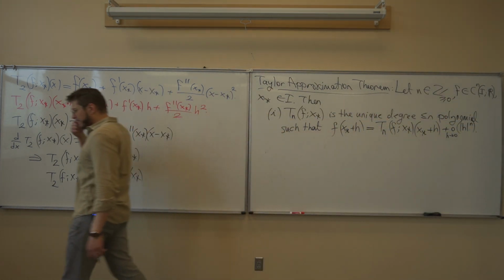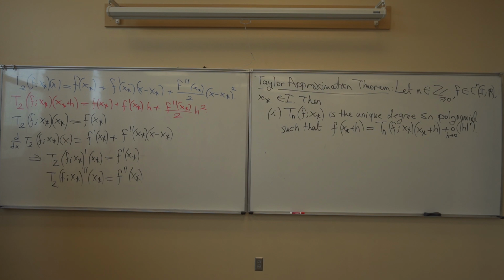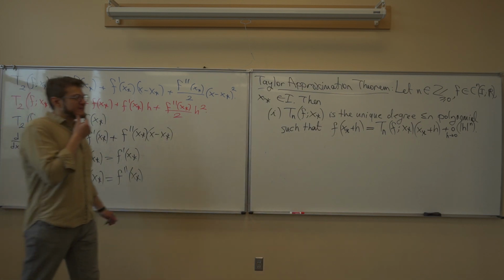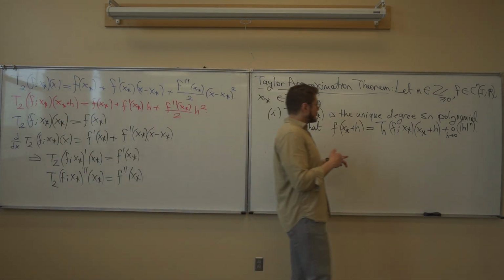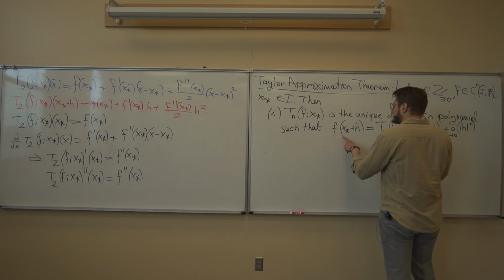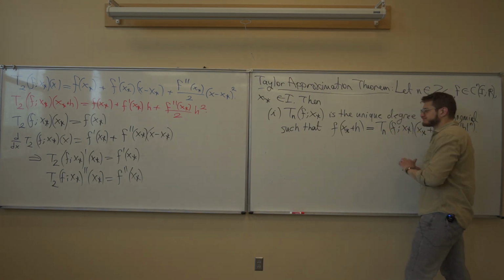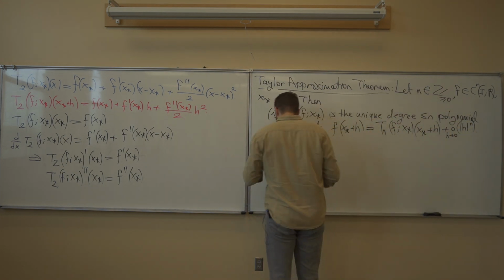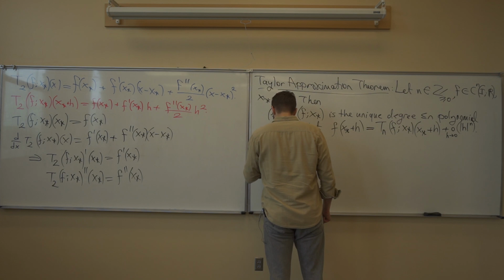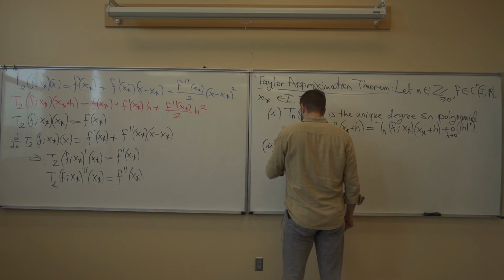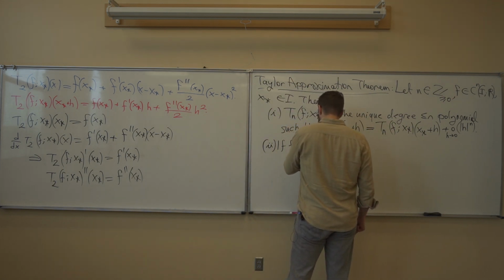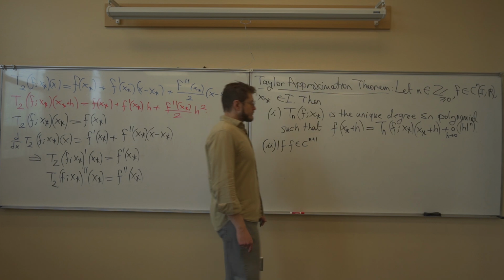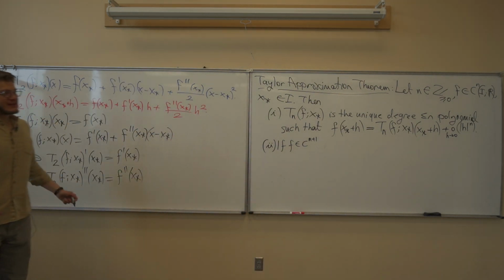Now, if you have slightly more properties, that is to say, if it turns out that f is not just Cn, but Cn plus 1, then in fact, you can say something about the remainder. So the difference between these two guys. So if you have more regularity, then you can say more.